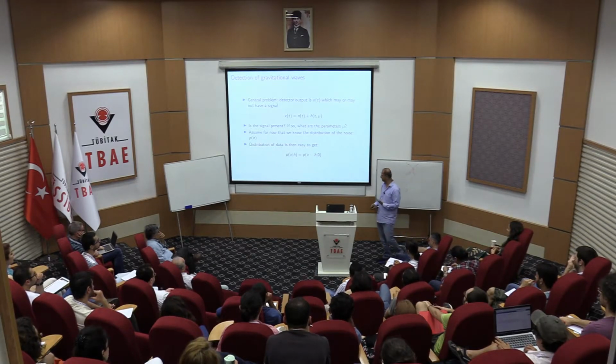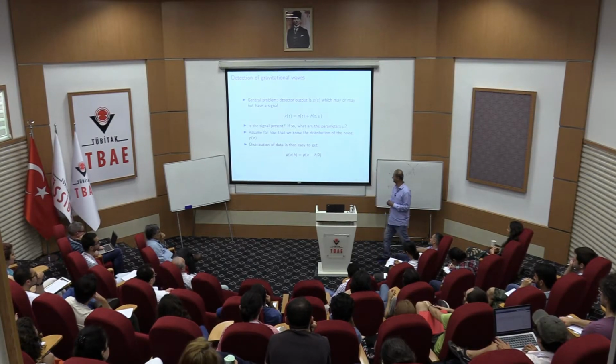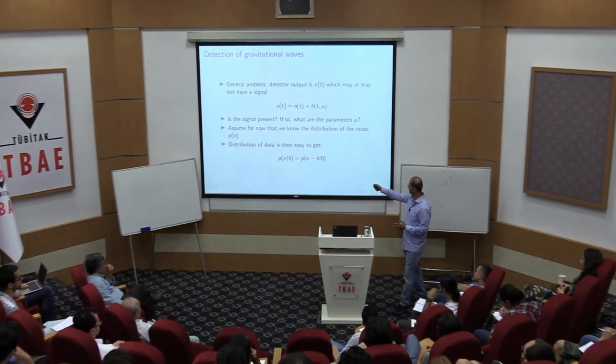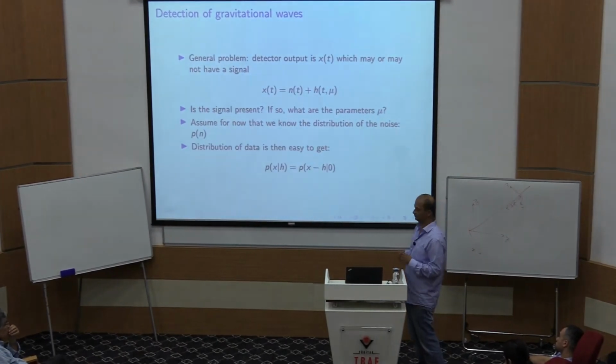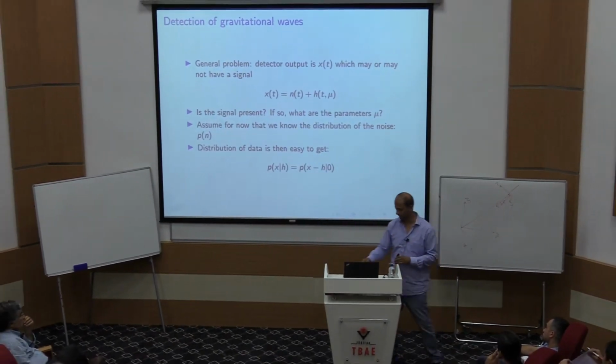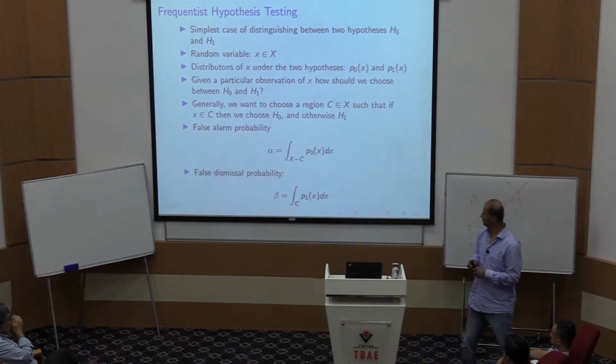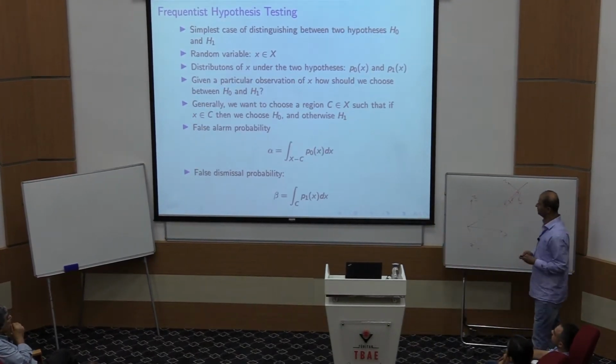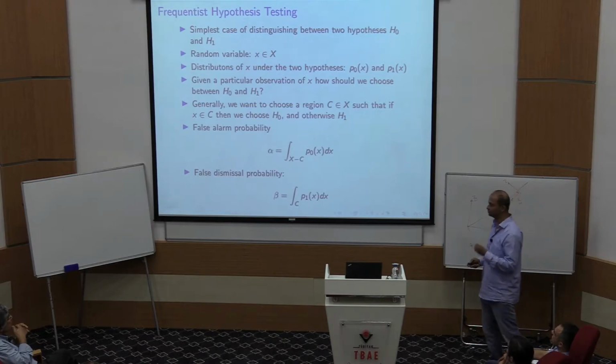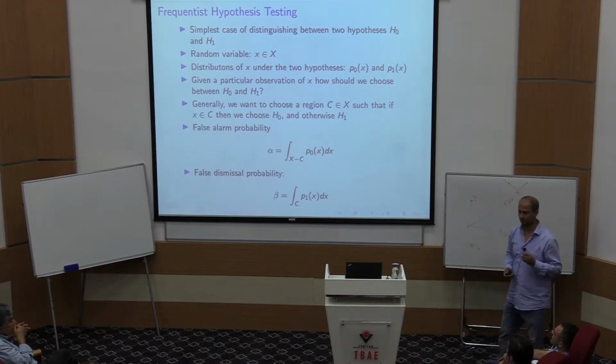And also in this case, you assume that you can compute in some way, which I'll describe in some detail later, what the distributions are of X with the noise and without, with the signal and without the signal. So then the question is simply, given an observation of X, how should we choose between H0 and H1?